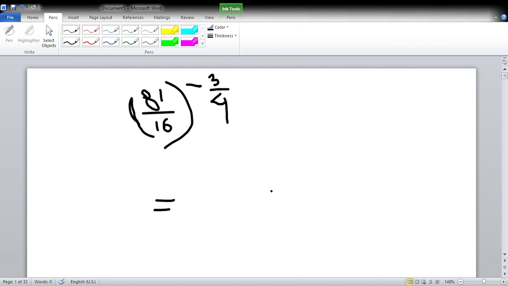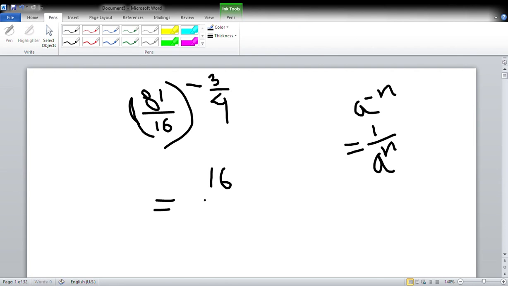So how do we get rid of it? Suppose it is written as a to the power minus n. How can we make it a positive n? Simply, we have to reciprocate a to the power minus n to a to the power n. Simple thing. Here also the same thing is happening. To get rid of the minus in the power, you have to take the reciprocal.